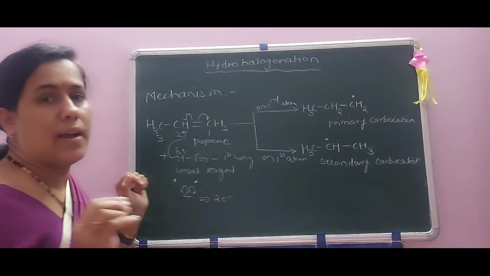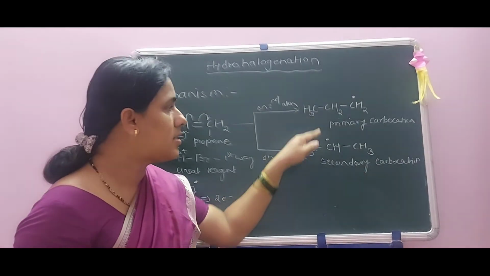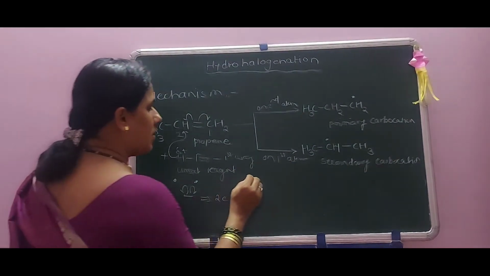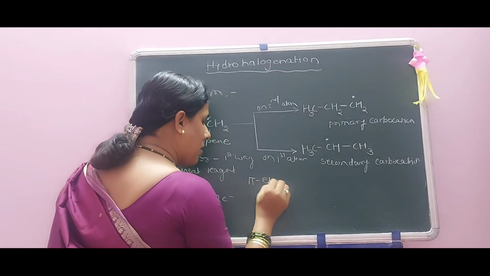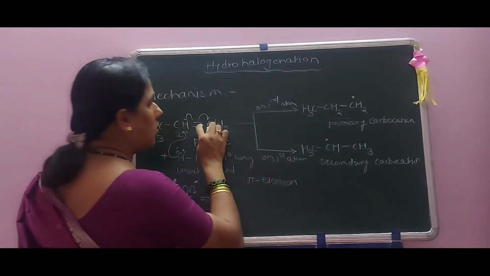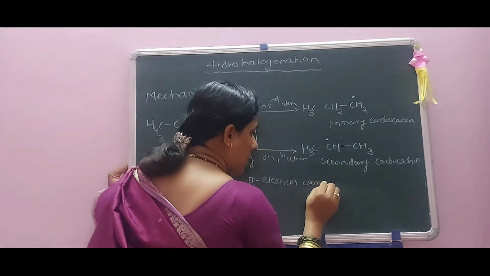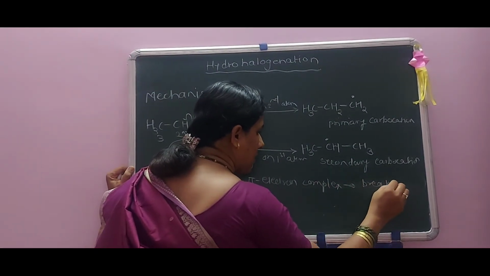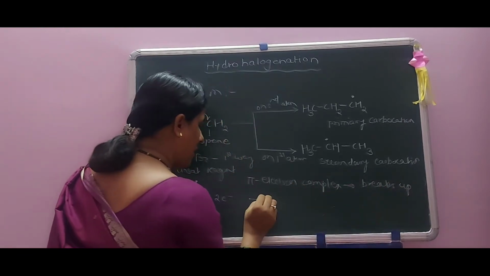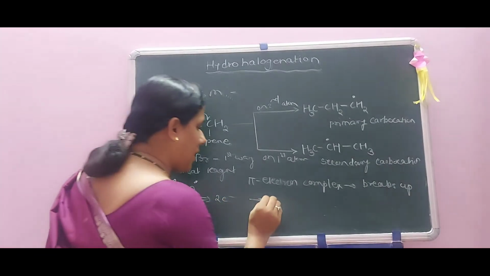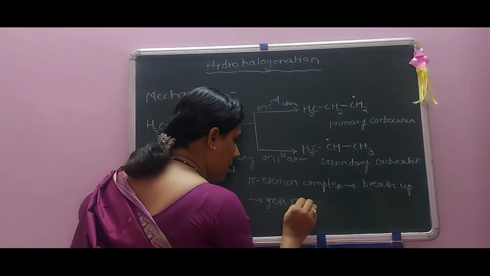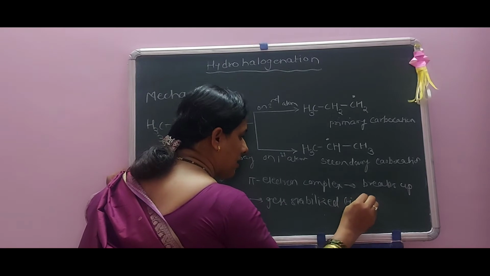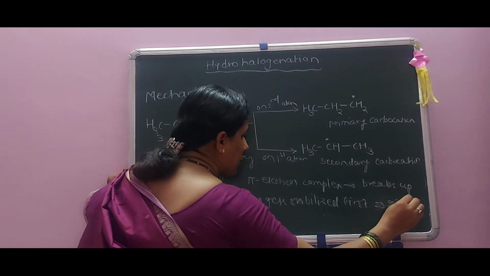Now according to the reactive intermediates, when this state is formed, the pi electron complex breaks up and gets stabilized first, and then gives the products.